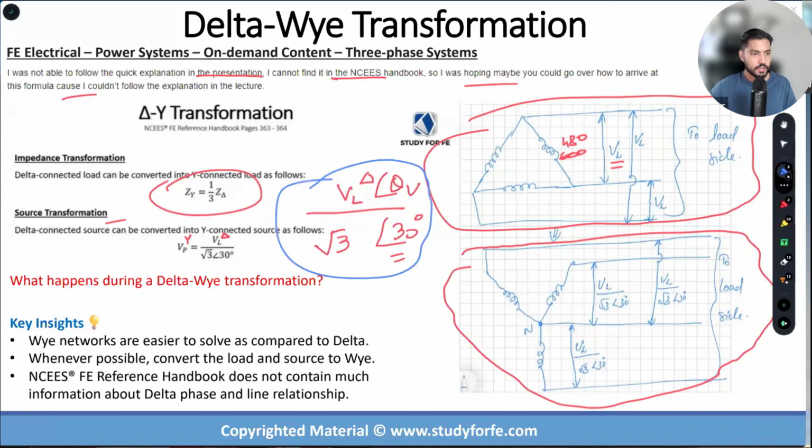When I do this, what I'll be able to achieve will be the line to neutral voltage for an equivalent Y network. So when I say that this is the phase Y voltage, then that is basically what I'm referring to is the voltage between here and here.